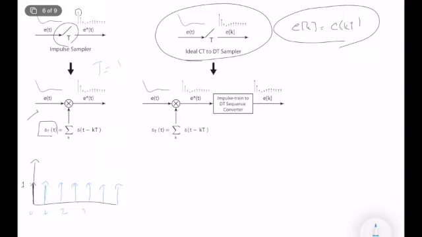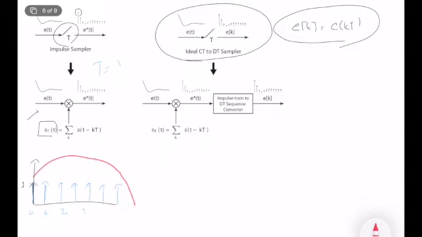So this is my impulse train. Let's change the color. Now this is my signal. Let's draw my original signal, something like this. If I multiply red with blue, what I obtain is the multiplication of an impulse with a signal.